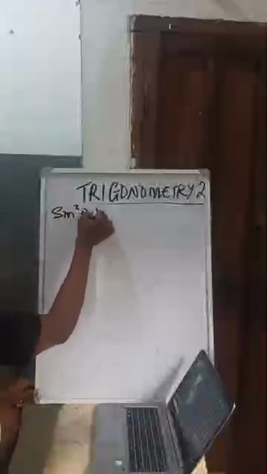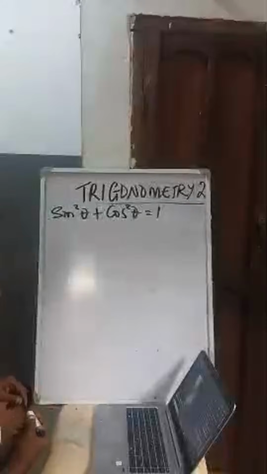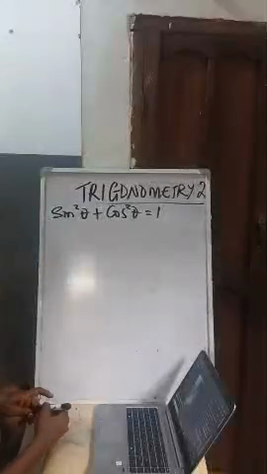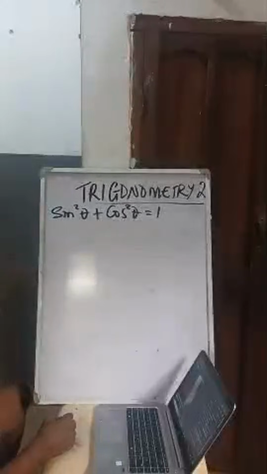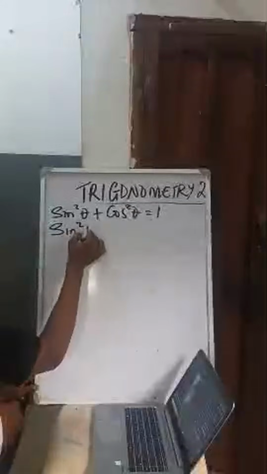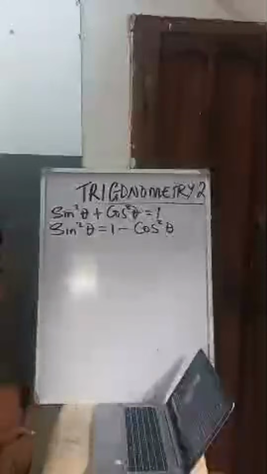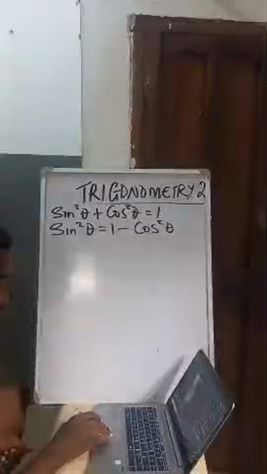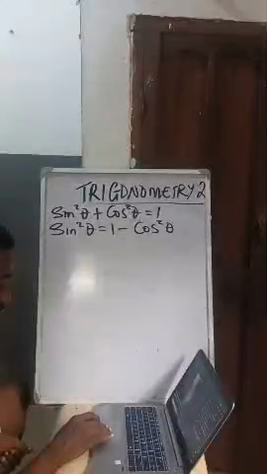Since the fundamental trigo identity is sine squared theta plus cos squared theta equal to 1, we have sine squared theta is equal to 1 minus cos squared theta.